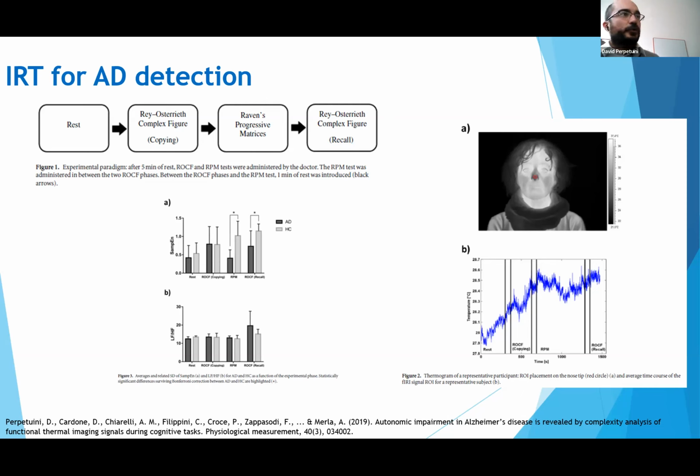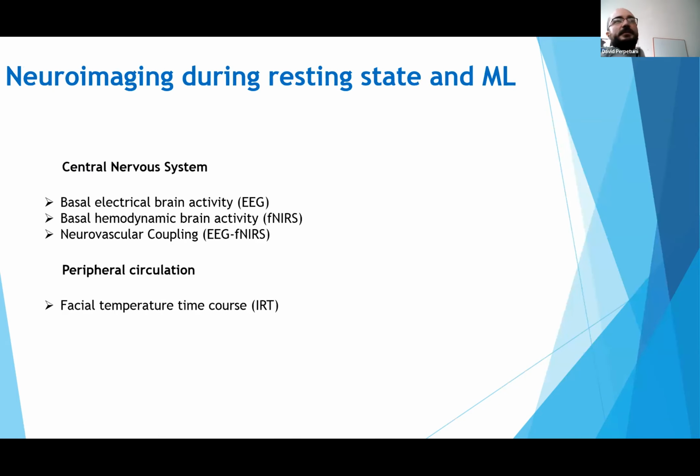However, the question related to these studies is that all the findings are related to the response to the task, so they are task related. Maybe it could be worth investigating the possibility of discriminating AD patients from healthy controls using resting state data, so during resting state in basal condition.